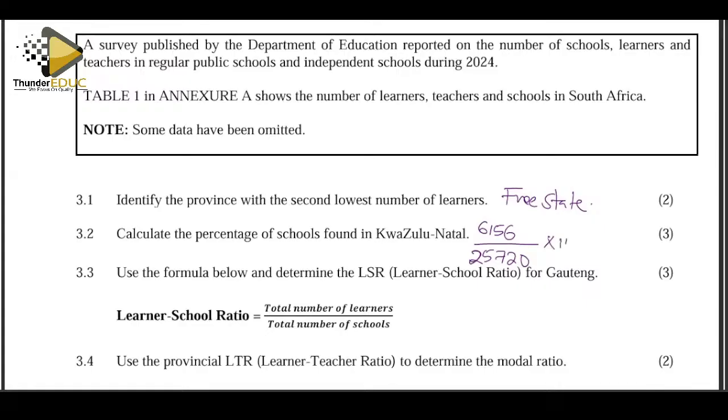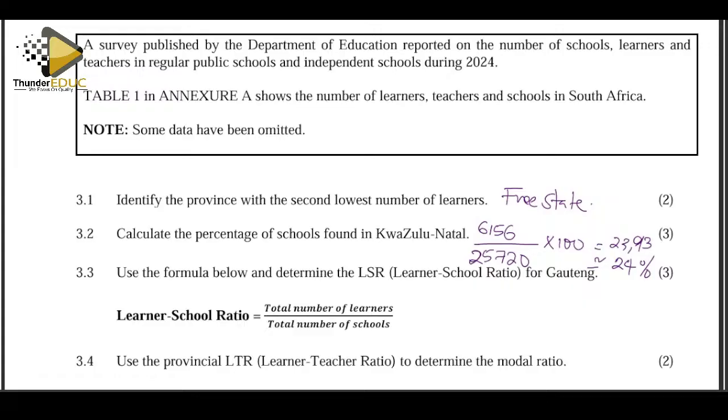Because you're looking for a percentage, you multiply that by 100, and you get 23.93, which is approximately 24%.